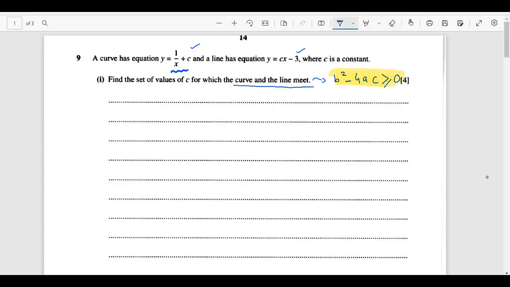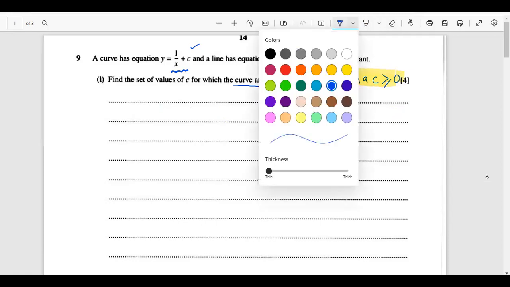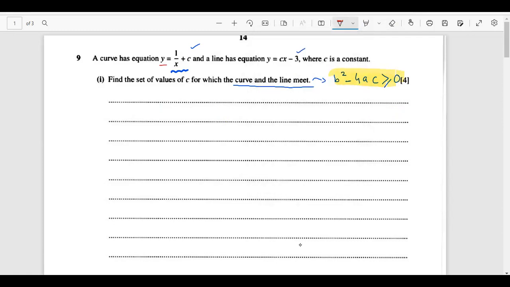Okay. So first of all, we need to make the quadratic equation. Now, how do we make the quadratic equation? It's simple. It's y equals something, it's y equals something. I need to equate both the equations, right? So this would give me 1 by x plus c. This is my curve and it is equal to the line, that is cx minus 3, because both are equal to y.